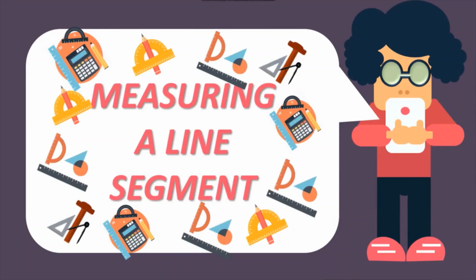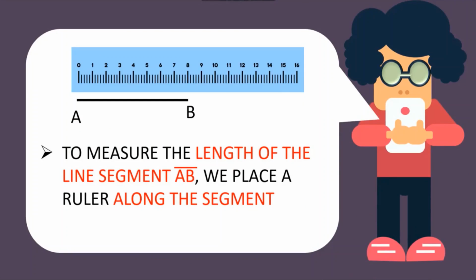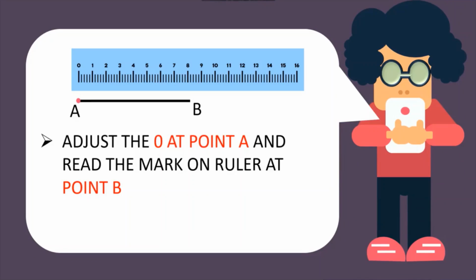To measure the length of the line segment AB, we place a ruler along the segment. Point A should coincide with the 0 mark of the scale.